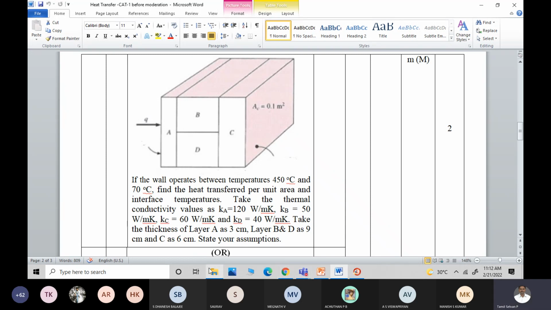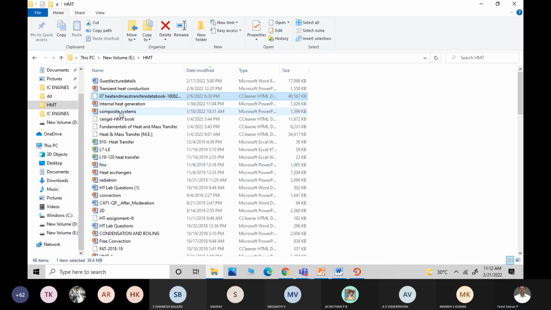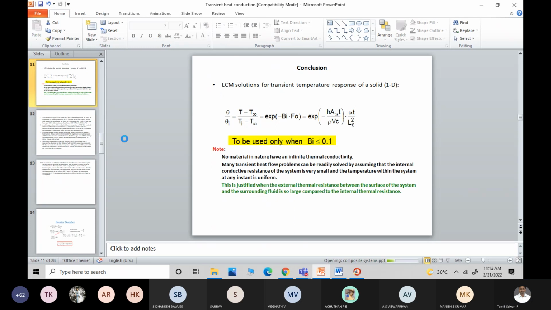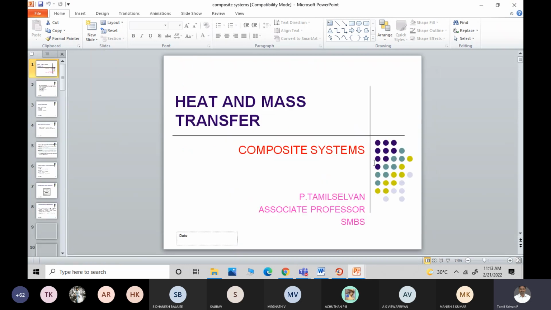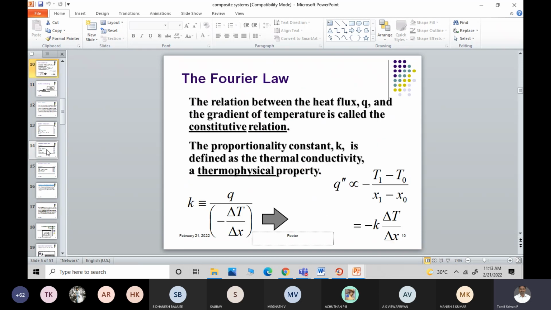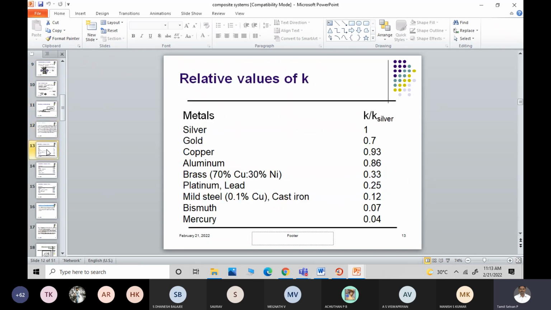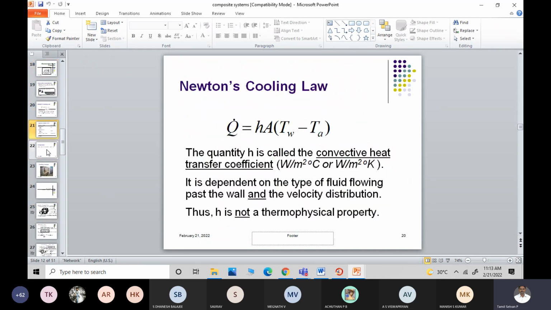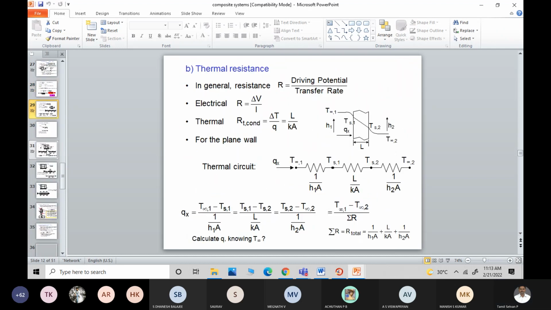The derivation, whatever derivation we have derived, let me show it to you. See, nothing wrong in asking a question, but you have to study the basics. That's what I say again and again. We are discussing the x-axis. Where is that composite wall?